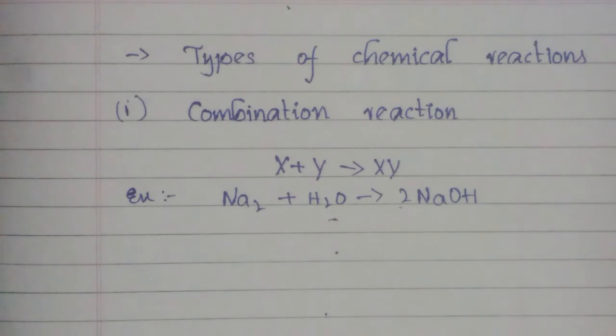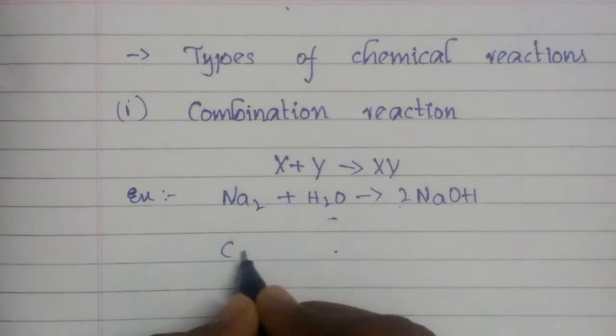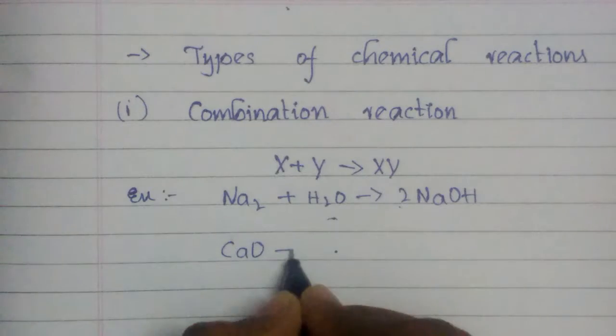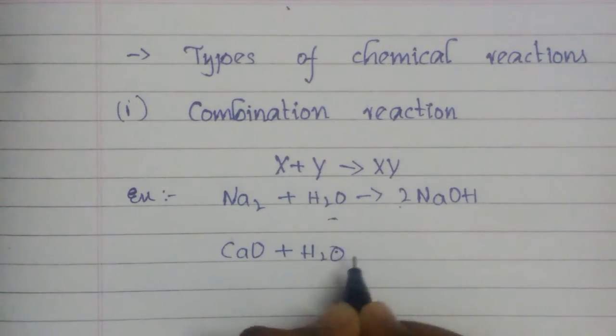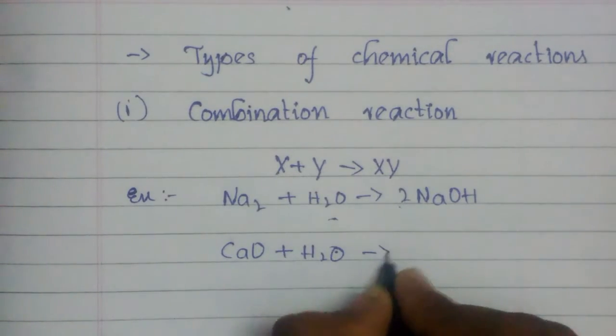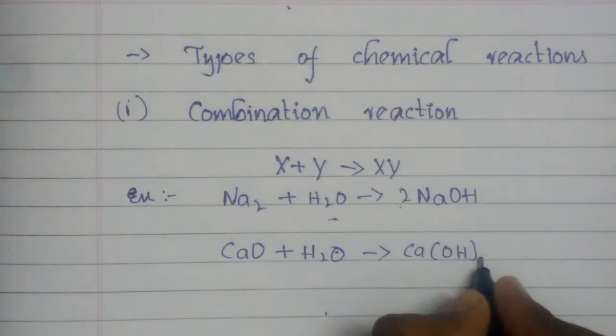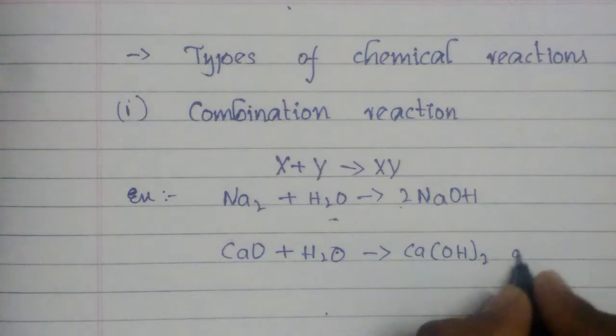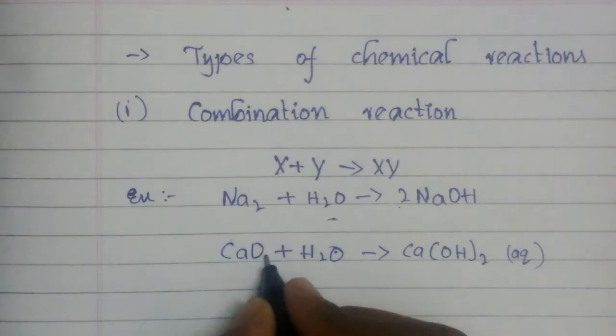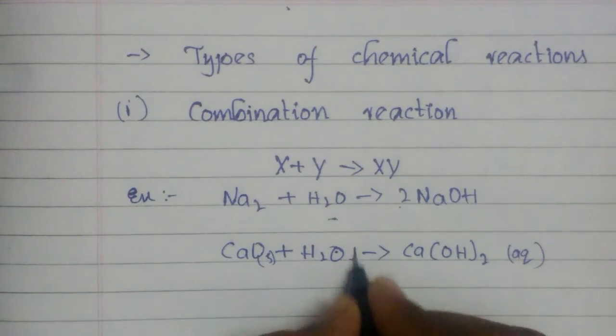One more example of combination reaction is the formation of slaked lime, that means calcium hydroxide, from the reaction of calcium oxide with water. We can write it as CaO plus H2O gives Ca(OH)2, with states aqueous, solid, liquid.